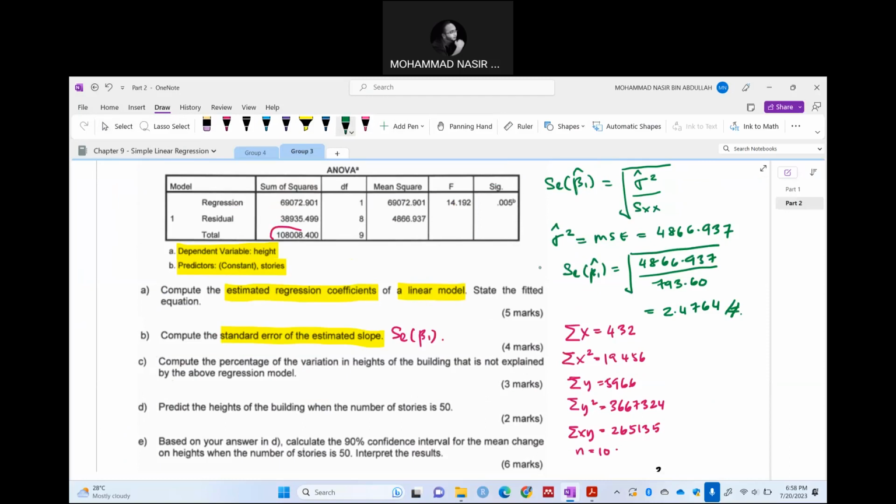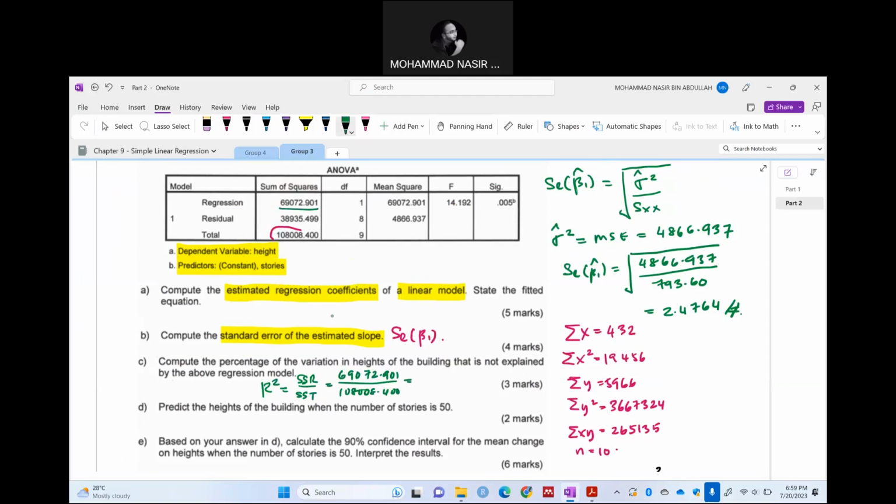Right. C. How to compute percentage of variation in height of building? So this is R square, right? So R square is SSR divided by SS total. So 69,072.901 divided by 108,008.400.